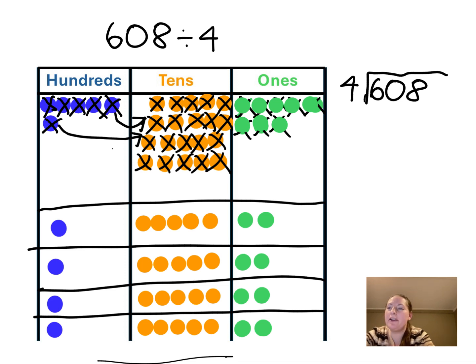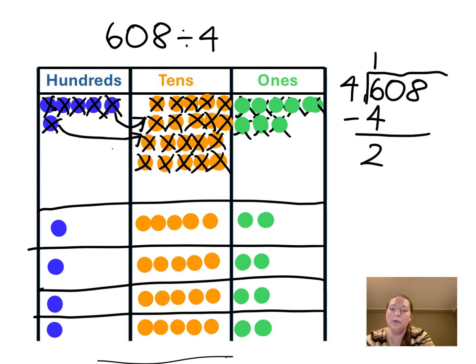All right, how did everyone do? How many hundreds were you able to distribute into each of the 4 groups? 100. All right, so you distributed 100 into each of the 4 groups, which gave you a total of 400. So what's a subtraction sentence that we can use to show this in our algorithm? That's right, 600s minus 400s equals 200s.